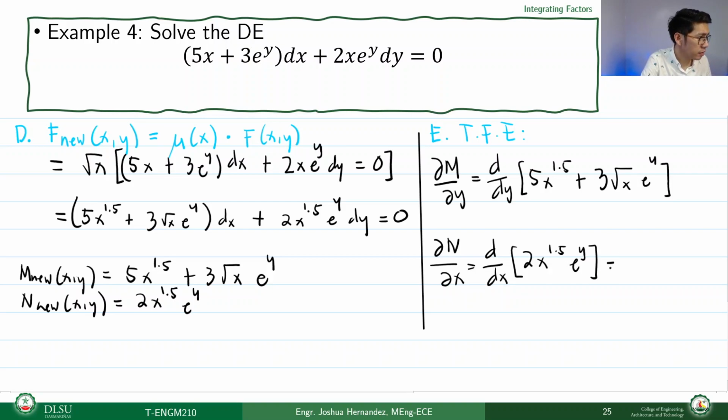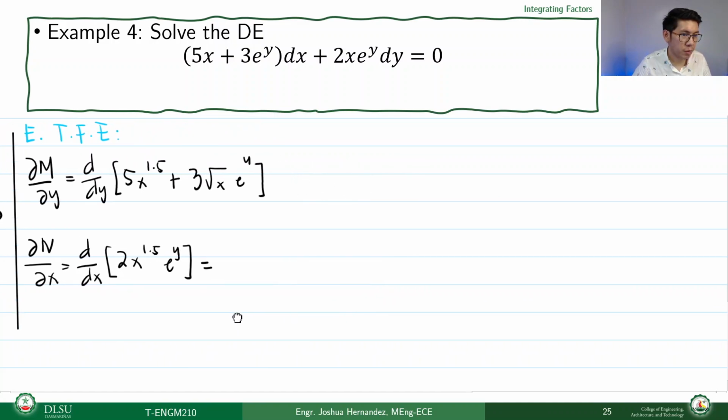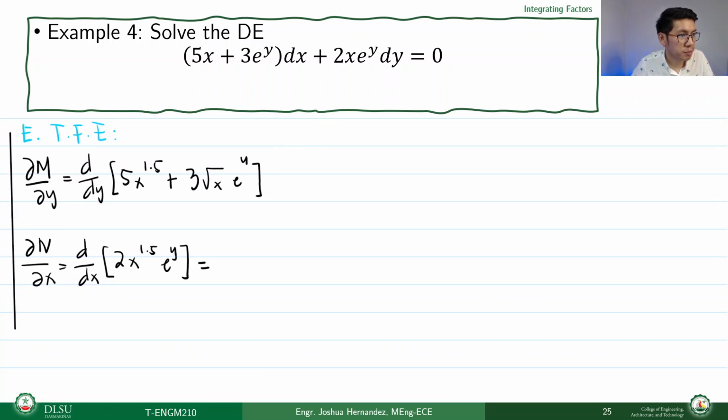This gives us 0 plus 3 square root of x e to the y.